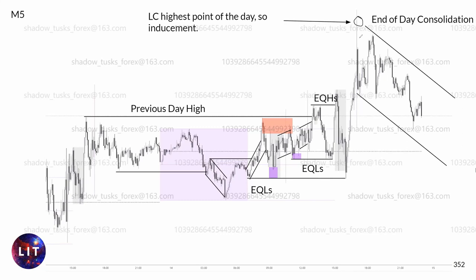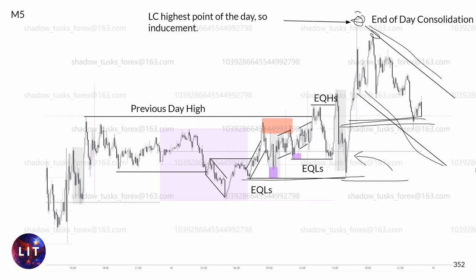So instead of getting a London close mitigation, we get London close being the inducement, and then we trade away from it. Realistically, if you're going to be taking a London close trade, you're probably going to want to get out at like an imbalance fill, maybe a higher time frame one up here, something like M15, M30. You're not going to want to aim for liquidity down here.